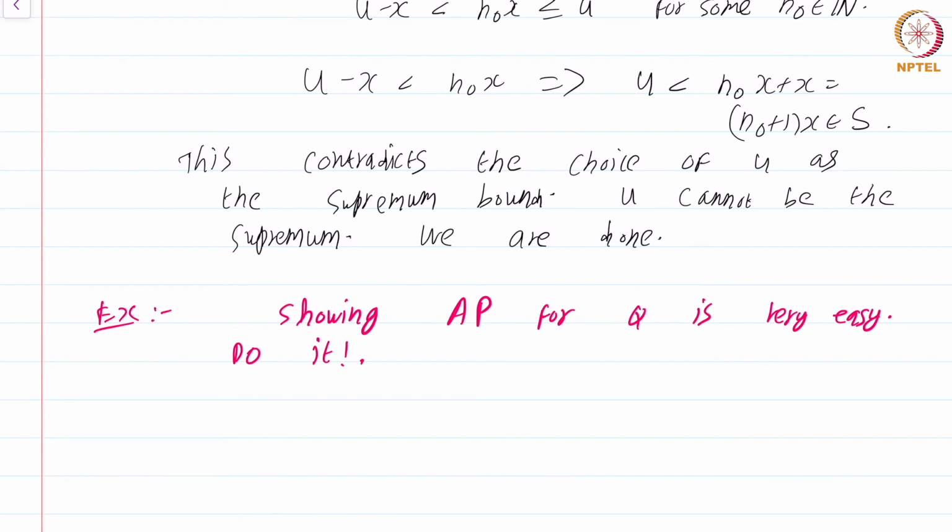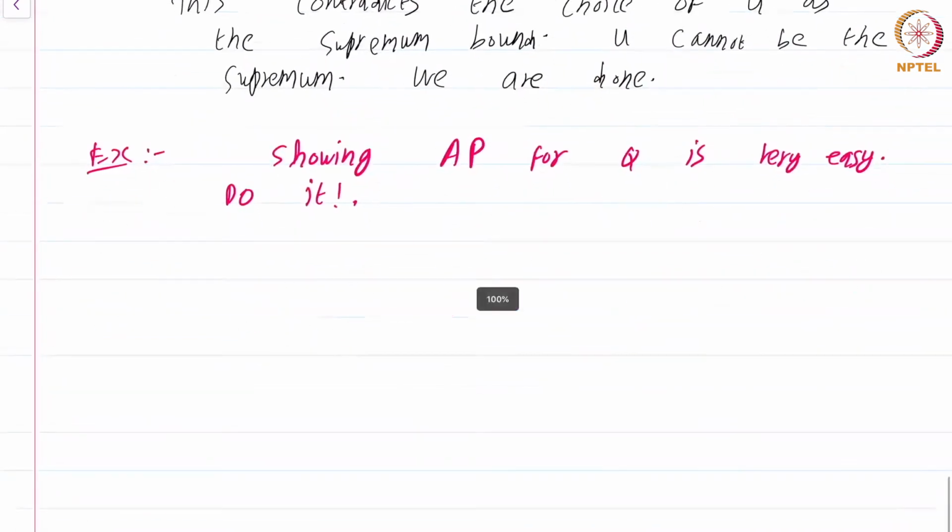Fine. So we have now shown the Archimedean property for any complete ordered field. We have a nice corollary of this. Corollary.